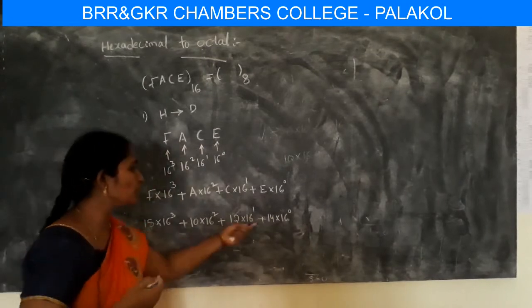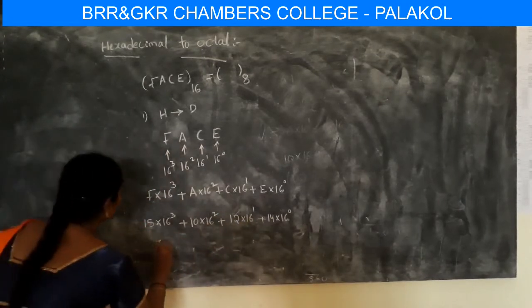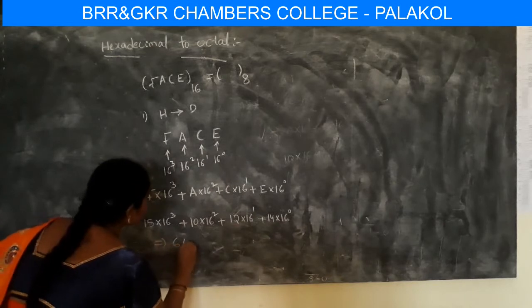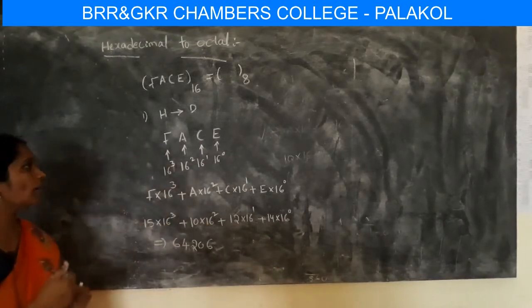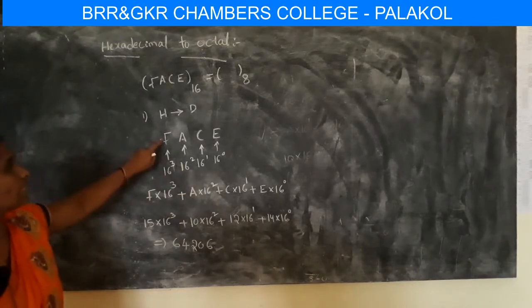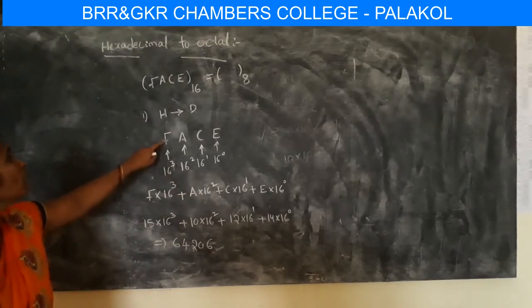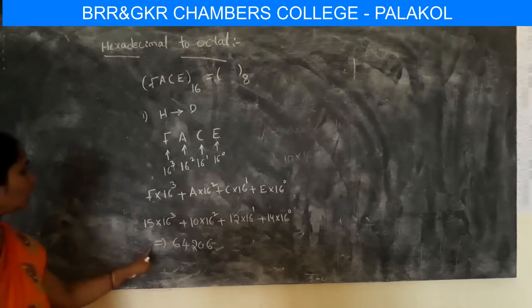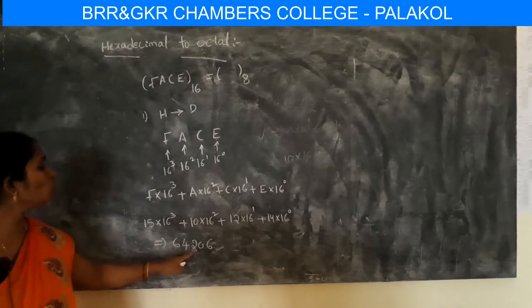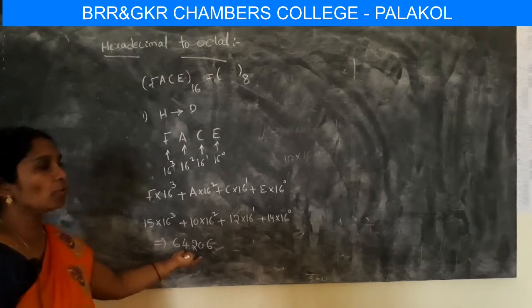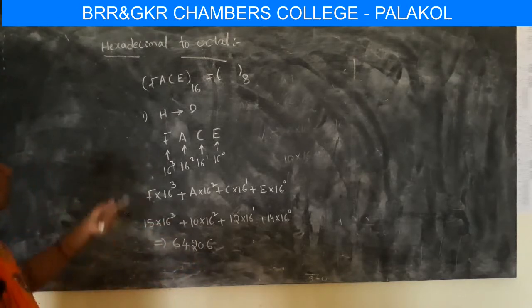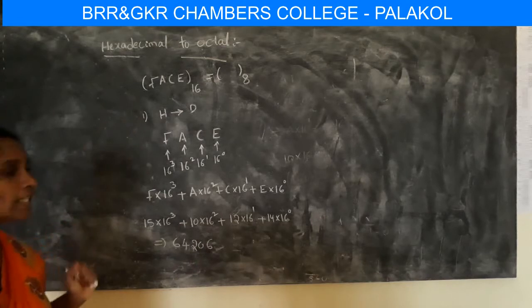Therefore, we have to simplify this number. The final number is 64206 is the answer. That means FACE is a hexadecimal number, and the corresponding decimal number is 64206. Now, this 64206 is converting into an octal number system.